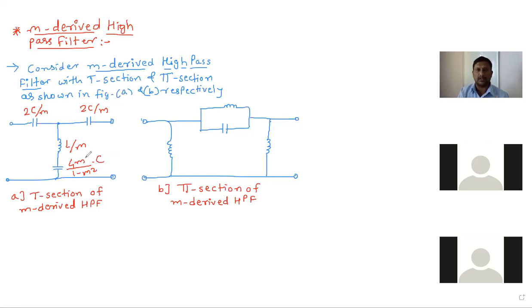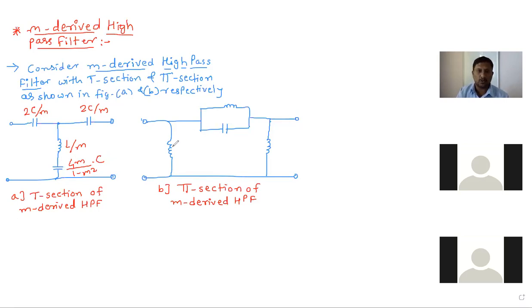There is no option without remembering. You will have to remember the values. There is no other option. For M-derived, you have to keep the values by observing, recording, memorizing by heart. You will have to learn it by heart. So these are the values of inductor and capacitor in the series resonance circuit in the T section.